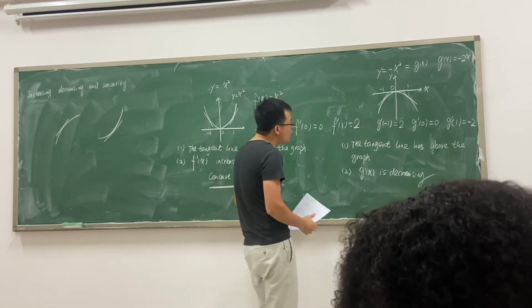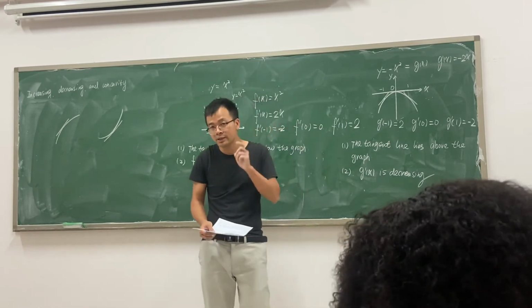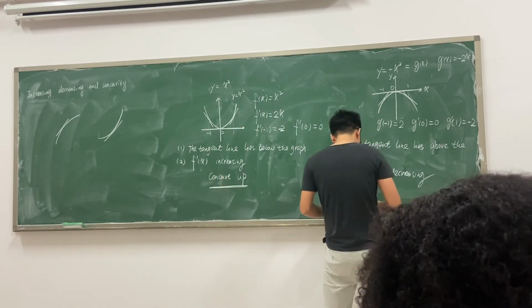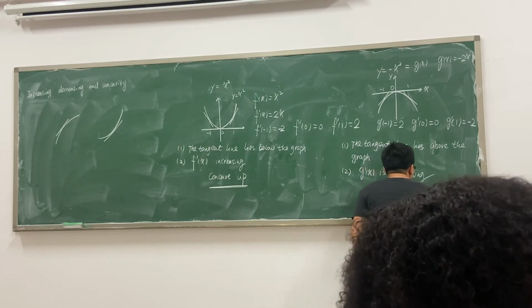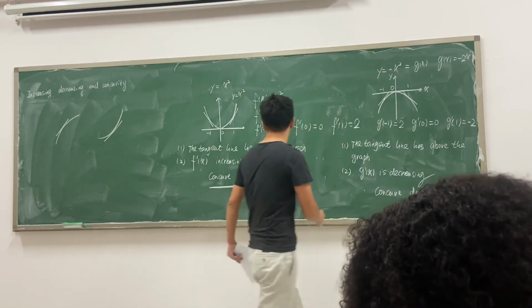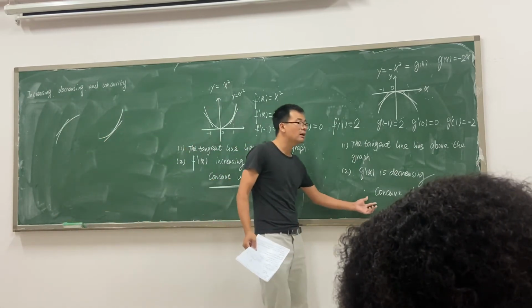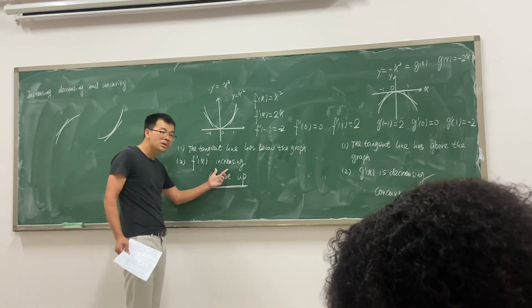So if a function has this factor or this factor, we call it concave down. So this is concave up, this is concave down. Concave up is when f prime is increasing.